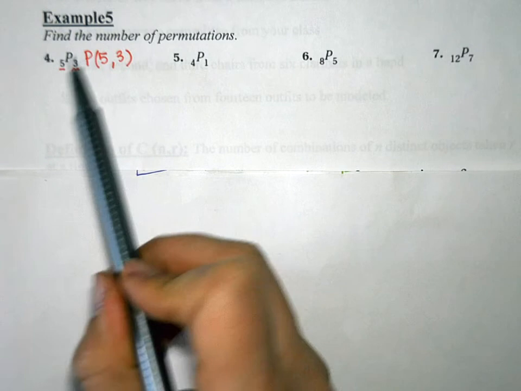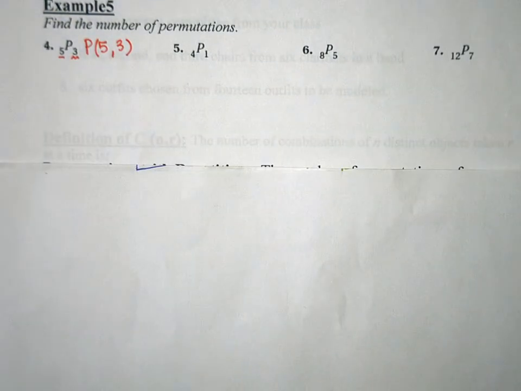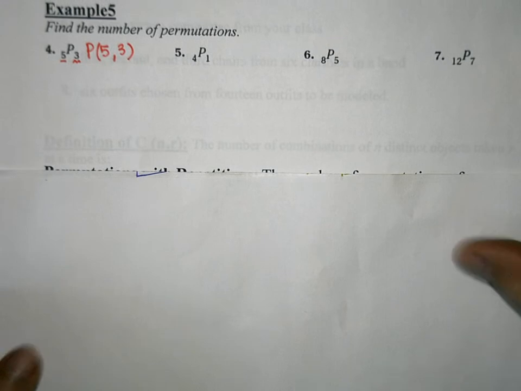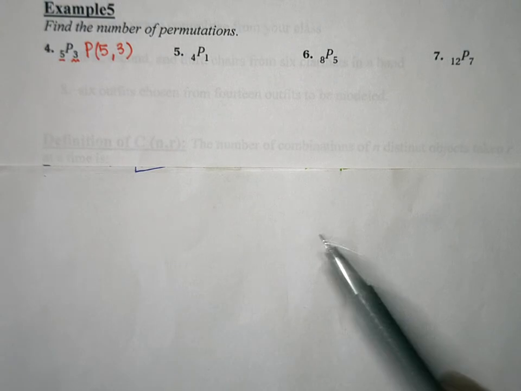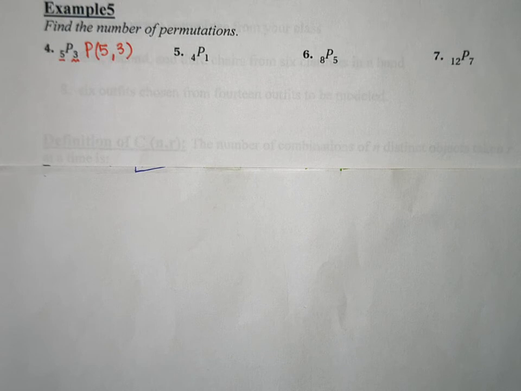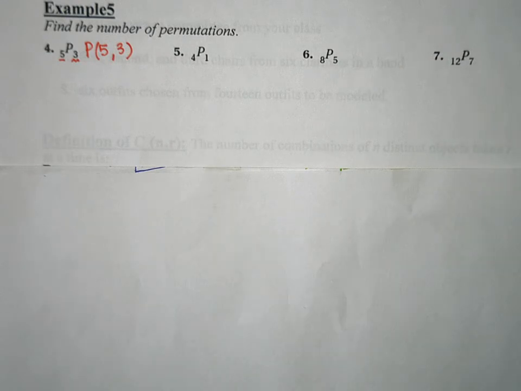You will actually probably see it written like this more often than what I had been using previously, but I want you to be used to seeing it in both notations, but these two are exactly the same. So 5 is going to be your n, 3 is going to be your r. So do these, pause the video and do these next 4 problems together.